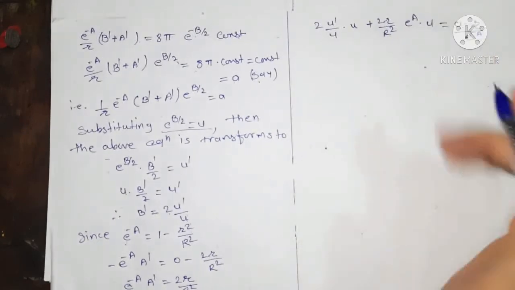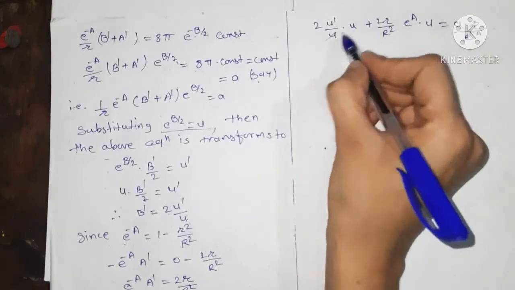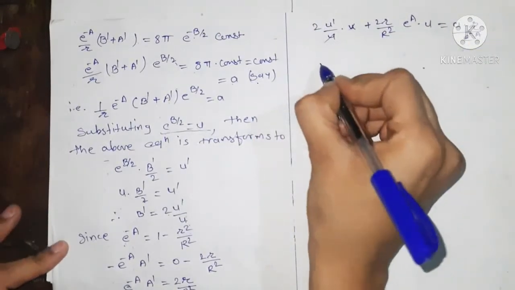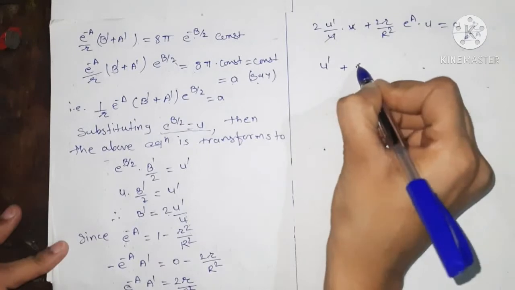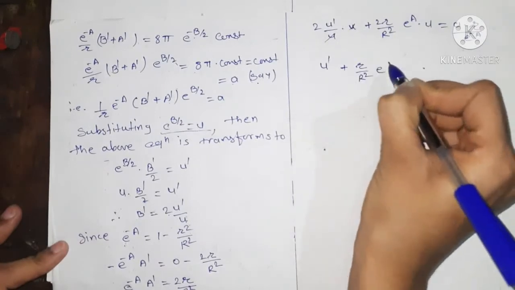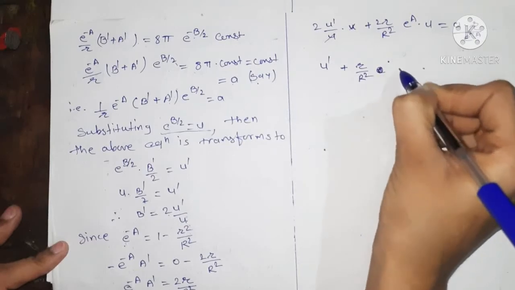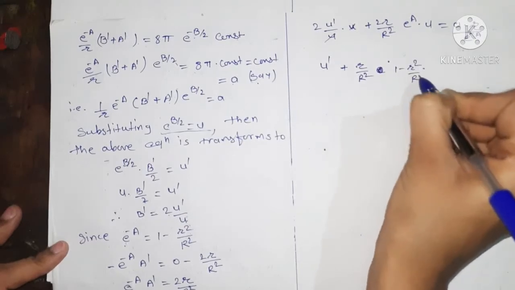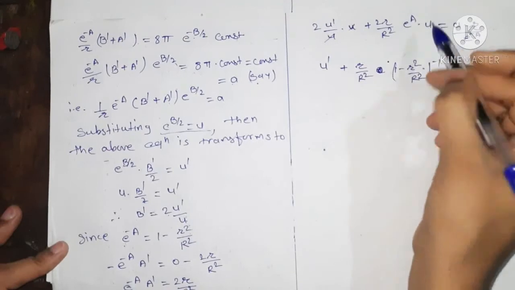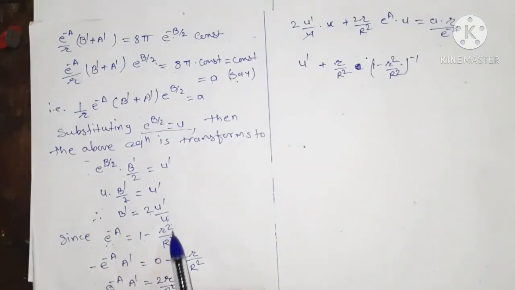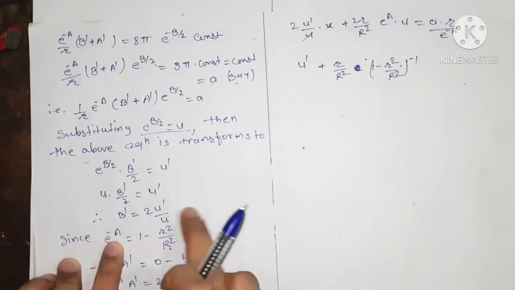Okay, we get here this, so this u gets cancelled and we divide this equation by 2. So we get u dash plus r upon capital R square e to the power a, which is nothing but the inverse of 1 minus r square upon capital R square, since the value of e to the power minus a is 1 minus r square upon capital R square, so the value of e to the power a is the reciprocal of that.